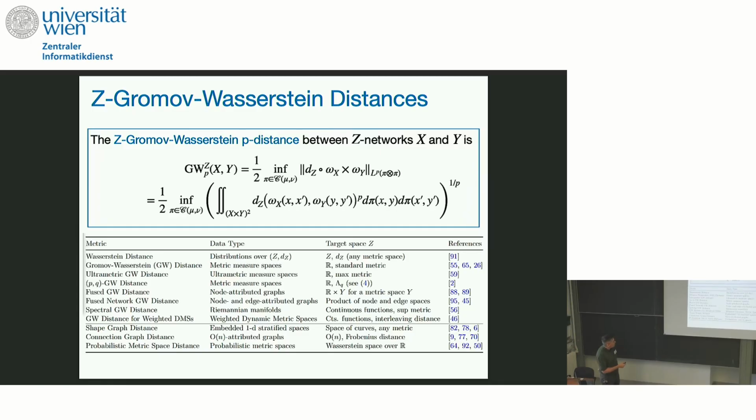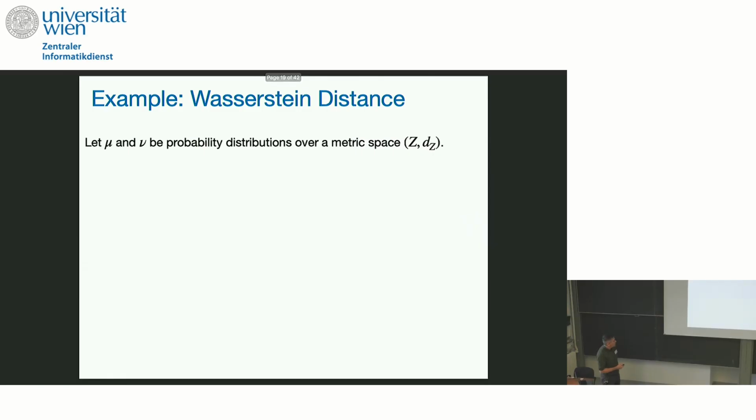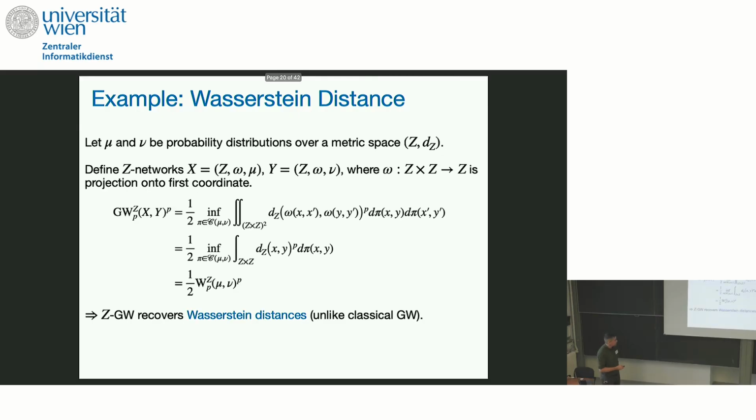Okay, so here's a summary table, but let's look at a couple of these in detail. First, we can think about Wasserstein distance again. Suppose I have my target metric space Z, and two probability distributions on Z, mu and nu. I can think of those as defining Z networks by taking the underlying set to be Z in both cases. It's the same kernel in both cases, which is just projection onto the first coordinate, a very simple kernel. The measures are different.